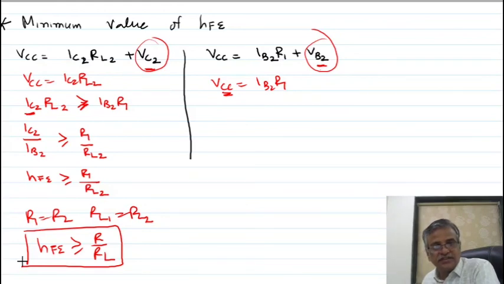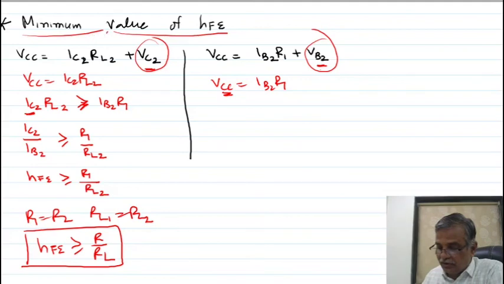I think you understand. Again, I am discussing the minimum value of HFE. When Q2 is in an on condition, you must know that to get oscillation the transistor should be saturated; it should come on, then go off. So when Q2 is on, VCC is equal to the voltage across the collector resistor plus the voltage at the collector. At the same time VCC is equal to IB R1 plus VB2.